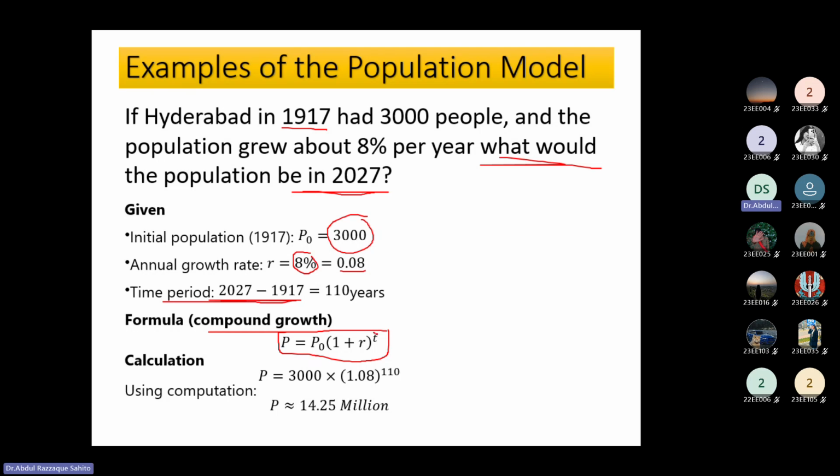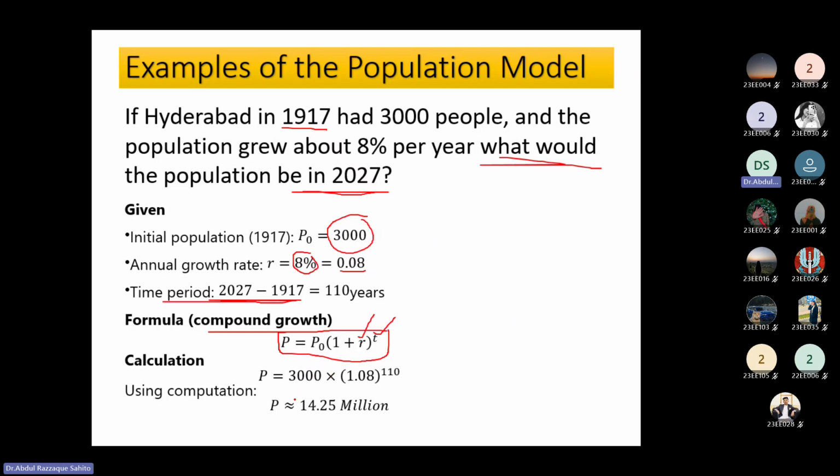If we place the time as 110 years here, with the growth rate r as 0.08, and this one will be plus, it becomes 1.08 in total. We take the power of 110 and multiply with 3,000, and we have a very large number. The total population is 14.25 million people. Mind it, here we have used a plus sign in the same model.